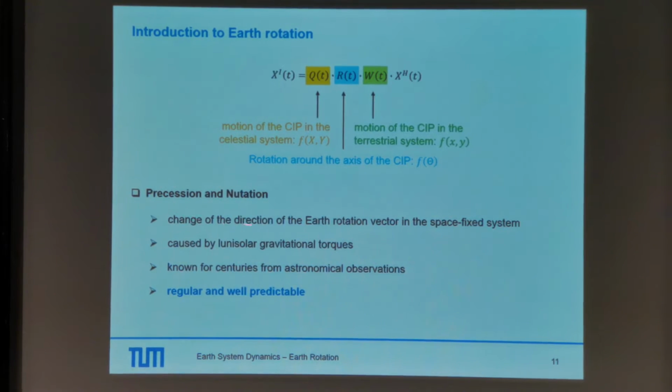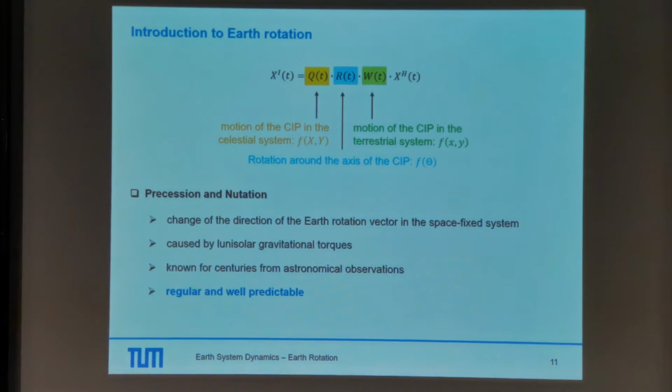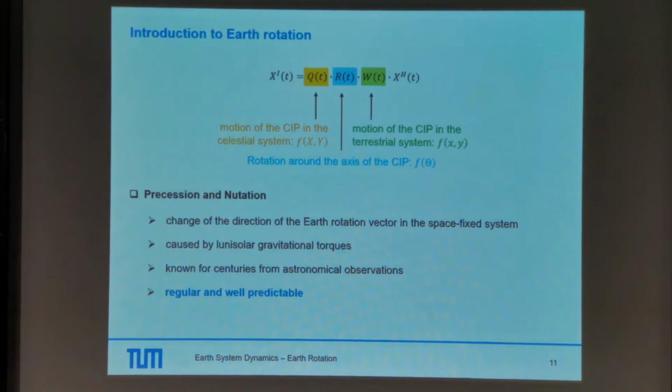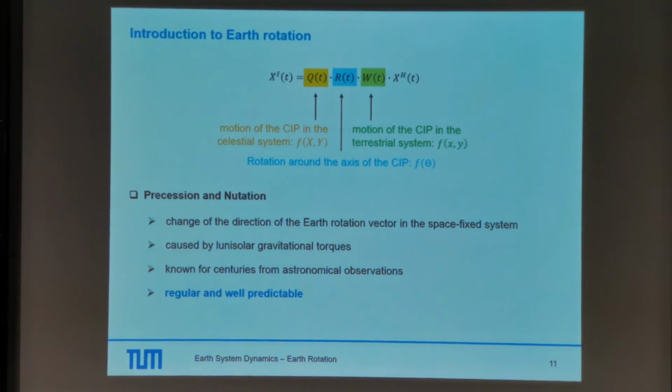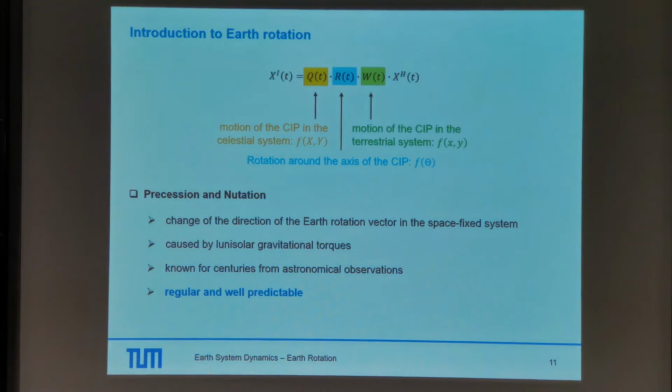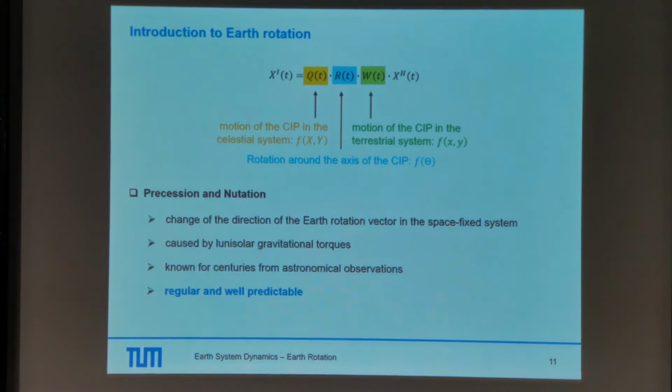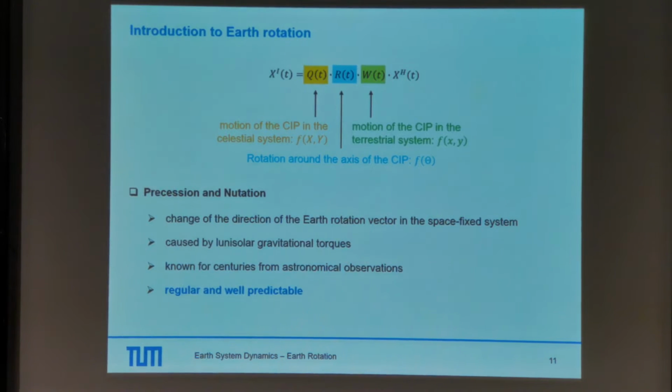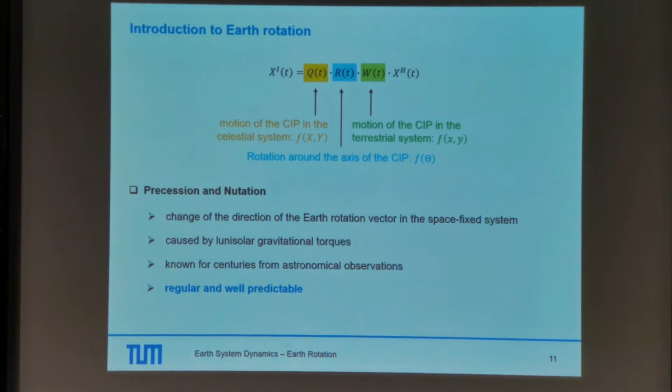The precession and nutation is the change of the direction of the Earth rotation vector in the Earth-fixed and the space-fixed system. It's caused by the lunisolar gravitational torques, so the gravitational pull of the Sun excites the precession motion, whereas the deflection of the barycenter of the coupled Earth-Moon system is causing the nutation variations.